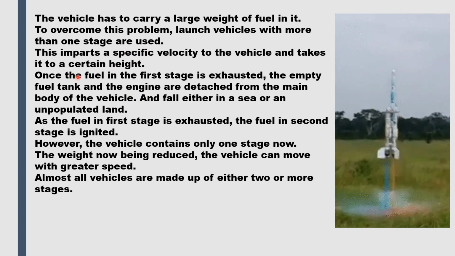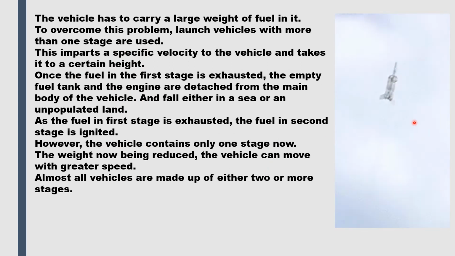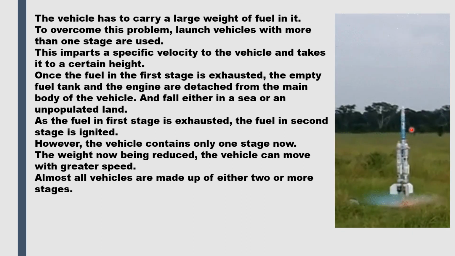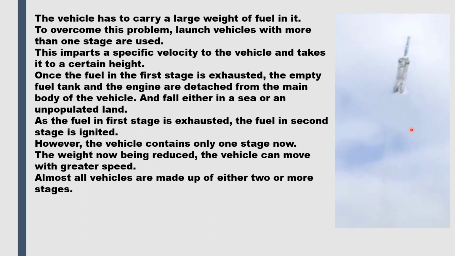A basic approach to launch the vehicle is to divide the vehicle into different stages. In the previous slide, you have seen a satellite launch vehicle with 4 stages. So, normally a launch vehicle, when it has to be launched, has to be divided into different stages.